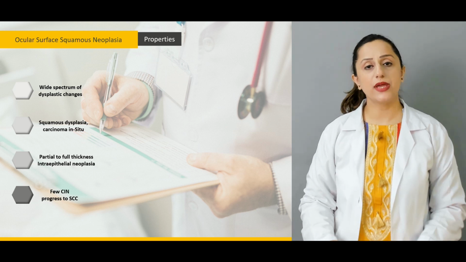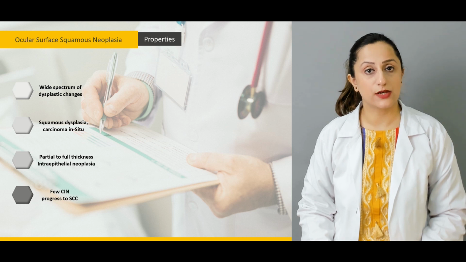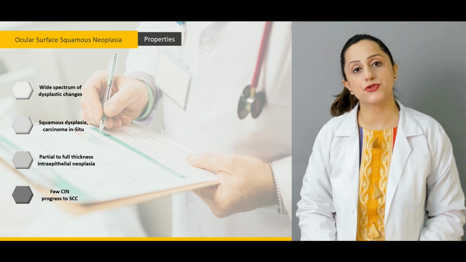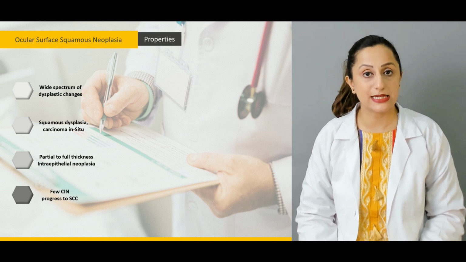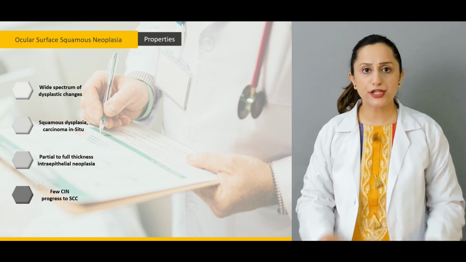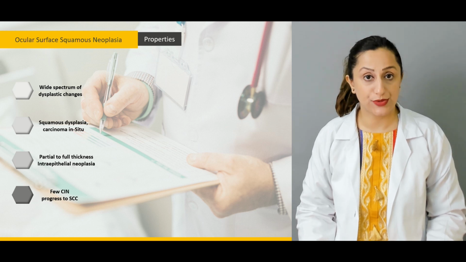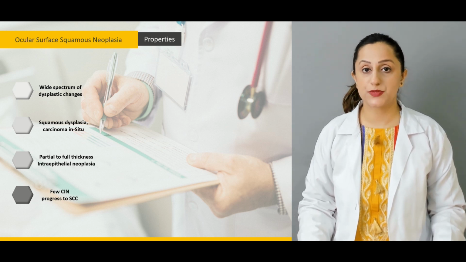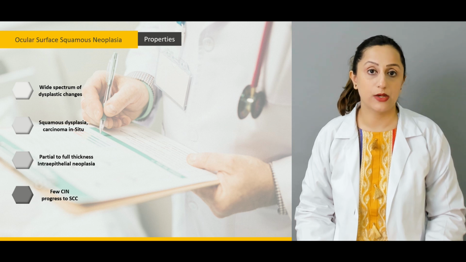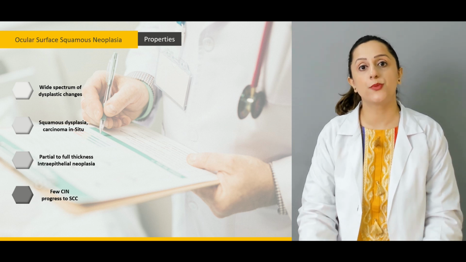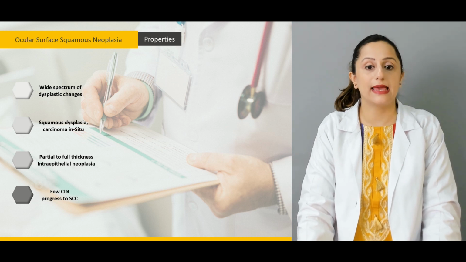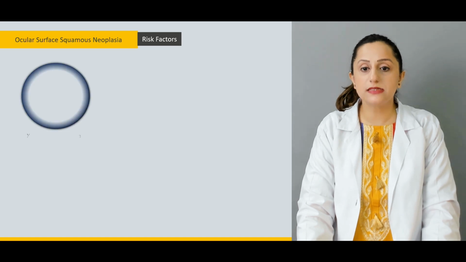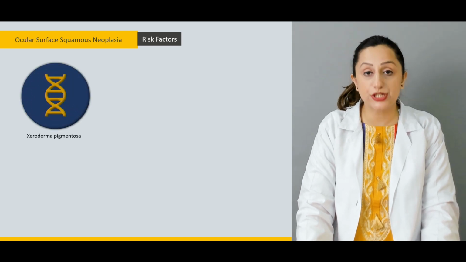There is a wide range of etiological factors that would push a precancerous condition to develop into a full-blown cancerous or neoplastic condition. Continued exposure to ultraviolet rays and continued exposure to allergens in our environment would make the person more prone to the development of this kind of carcinoma in situ. The risk factors would obviously include xeroderma pigmentosum.